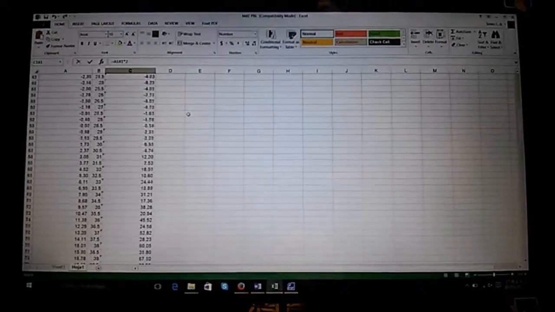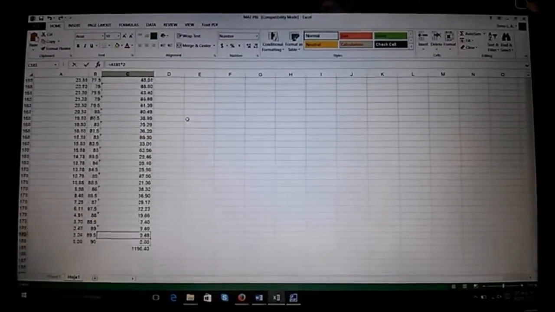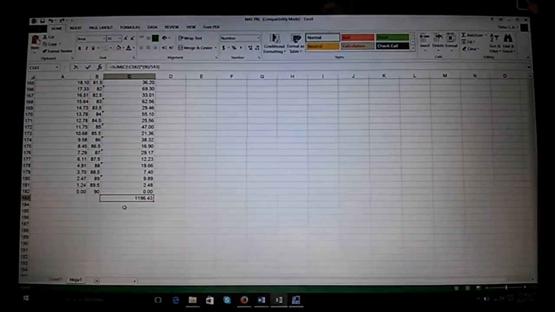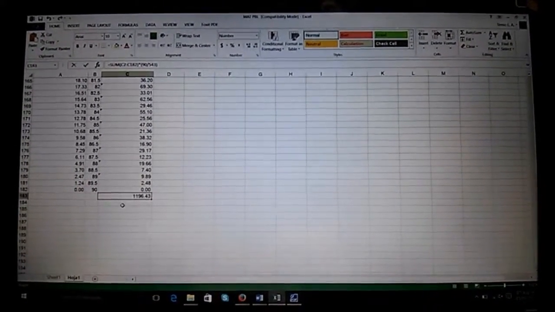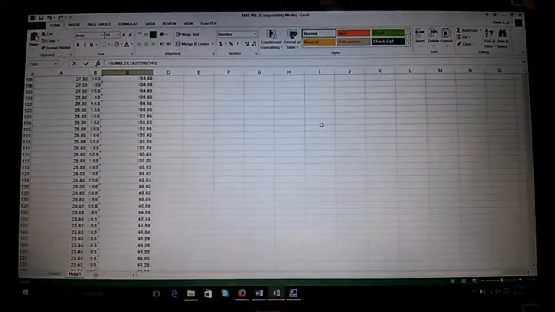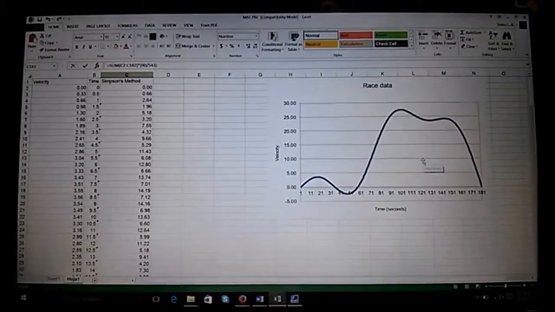When we do the sum of these values, we have the approximate value for the area of the graph, that is 1196.43, and this is our approximate value for the area that is under this curve.